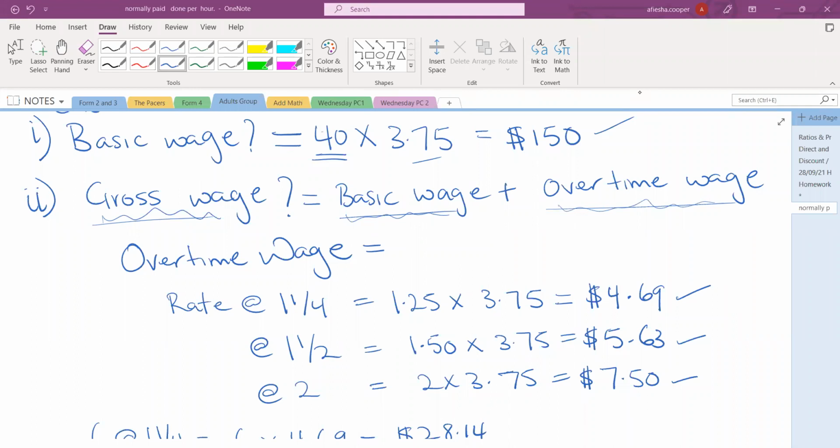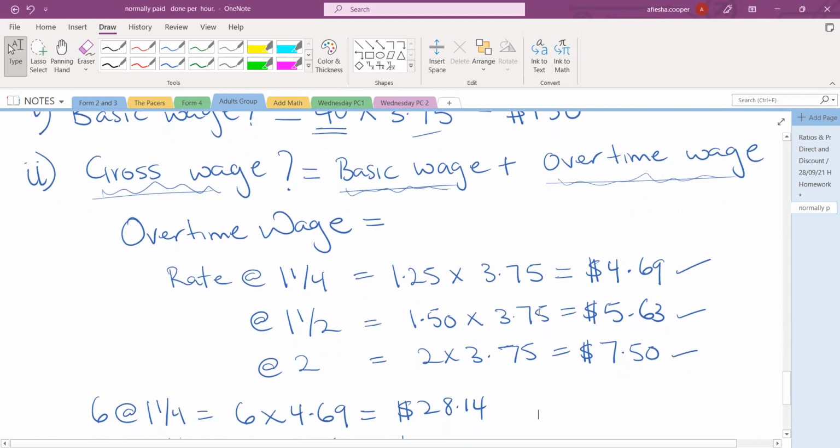So we have the gross wage, and we are adding the overtime. So now we have to work out the overtime wage, and that is going to be for the different overtime hours.